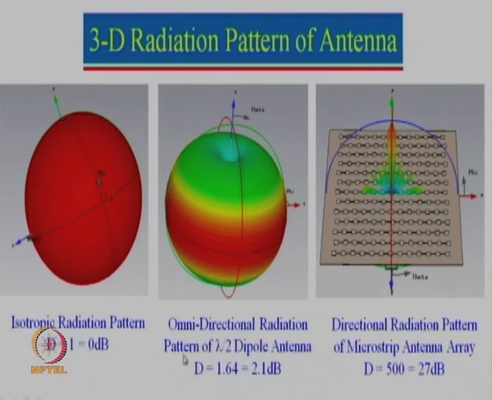Then the next thing is an omnidirectional radiation pattern, and what we have shown here is for a lambda by 2 dipole antenna. So, the dipole antenna is kept over here. As one can see, the red shows maximum radiation and then it is going towards lesser and least radiation.